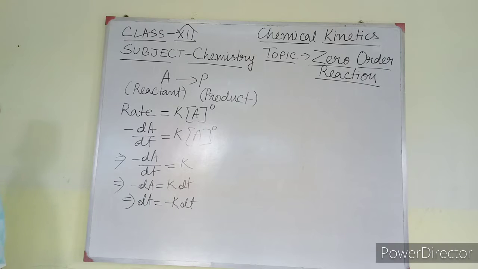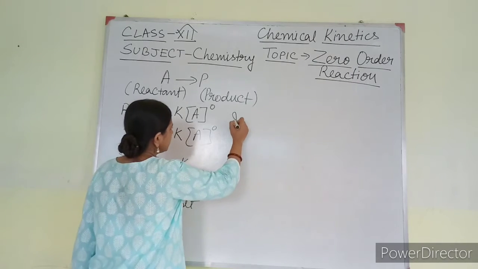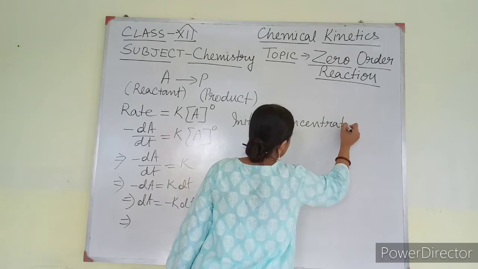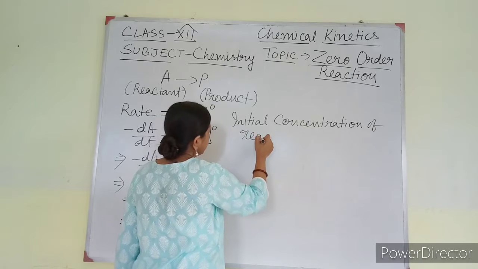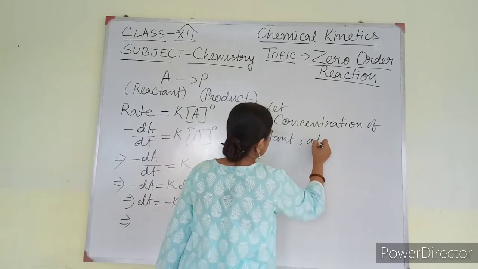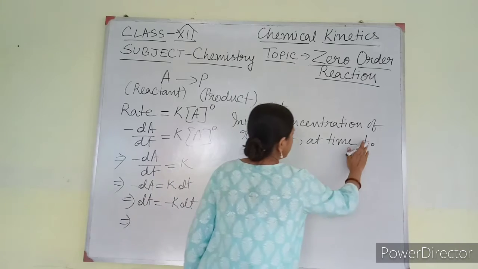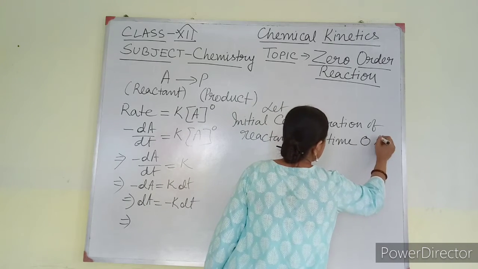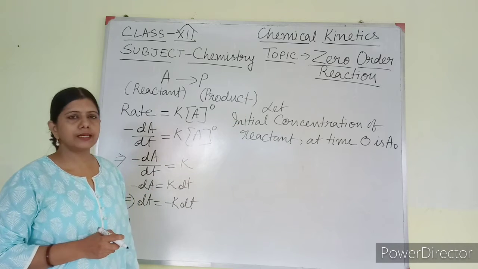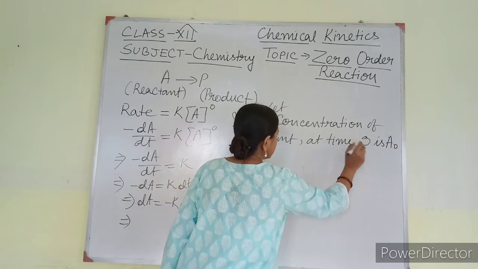Now I have to integrate both sides. Before integrating, I have to define that the initial concentration of the reactant at time t equal to 0 is A naught, where time 0 means the initial time.